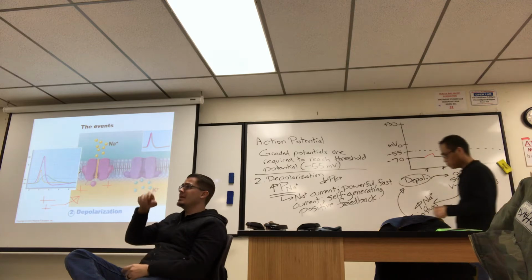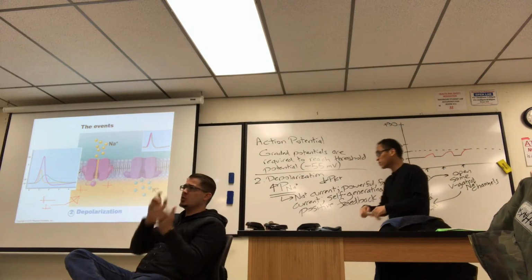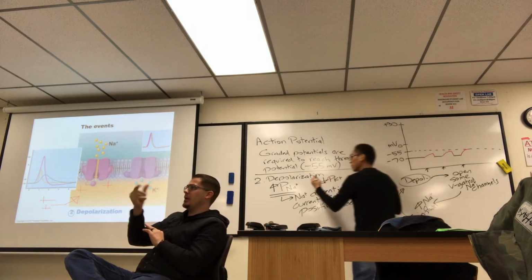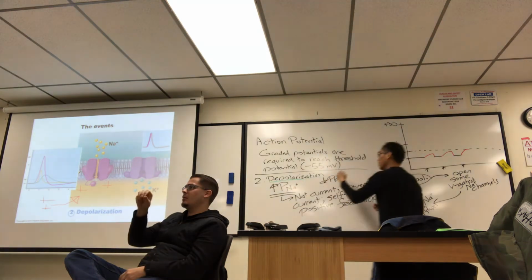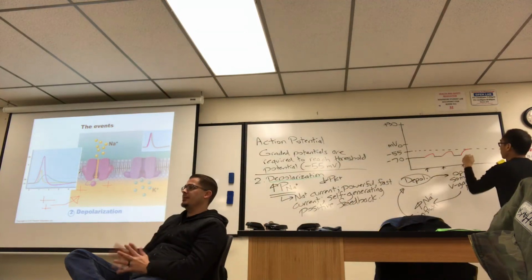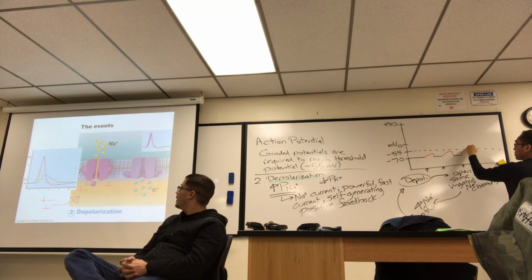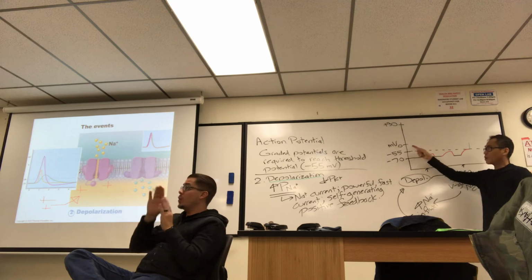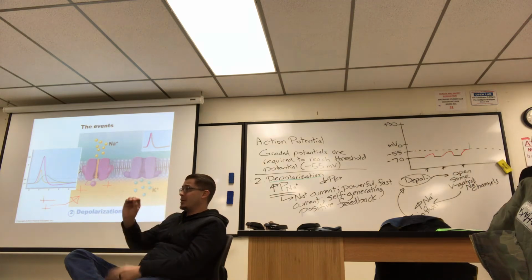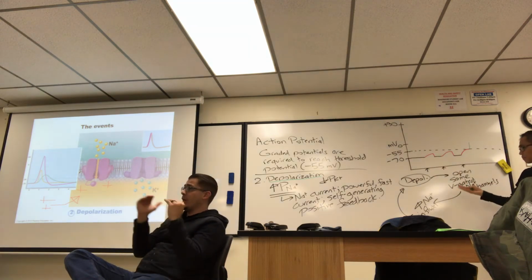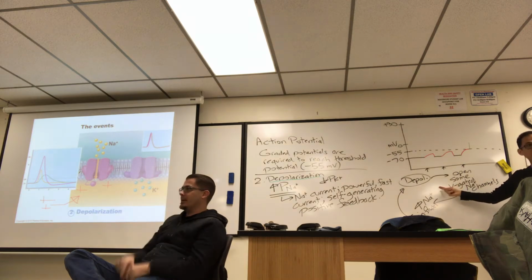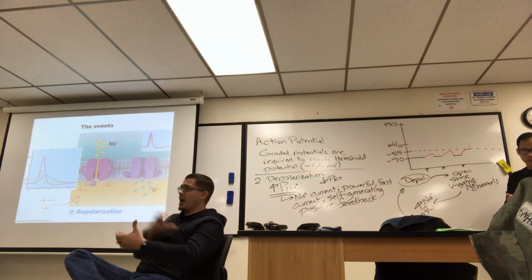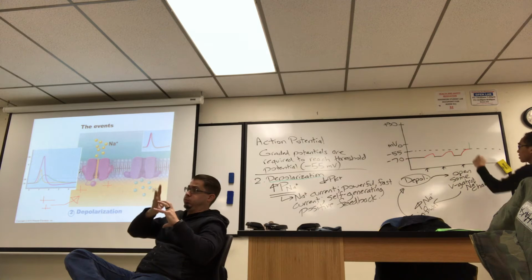And so this creates this big spike. We use green to symbolize depolarization. So basically, the membrane potential starts to rise. And you would expect that it stops at zero when the cell is in true equilibrium, but it doesn't. This process is so fast and powerful, you actually overshoot equilibrium and go all the way to something like plus 30.